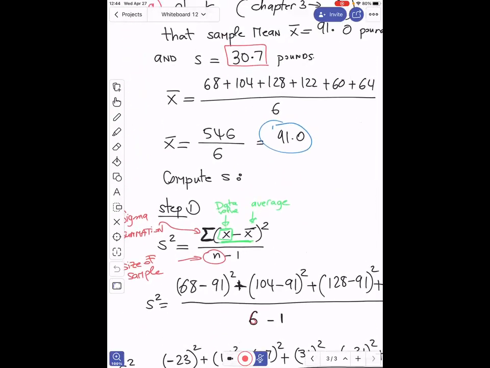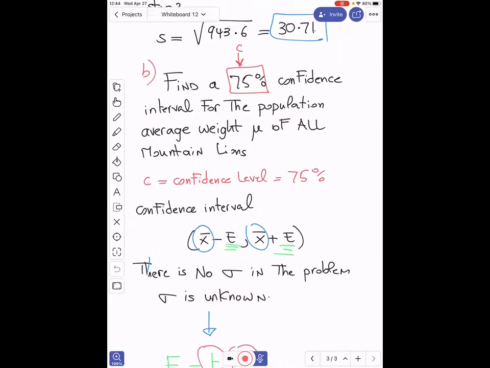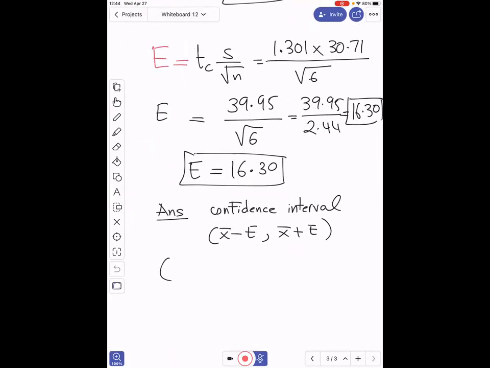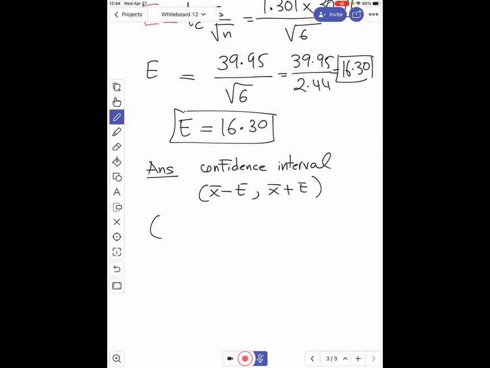So it's 91 minus 16.3, and 91 plus 16.3.